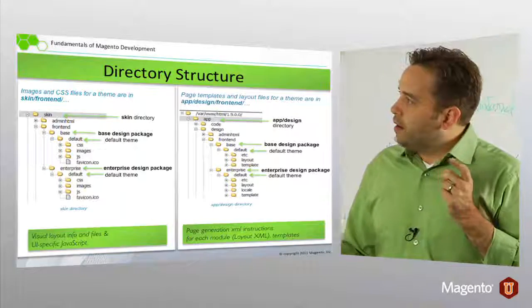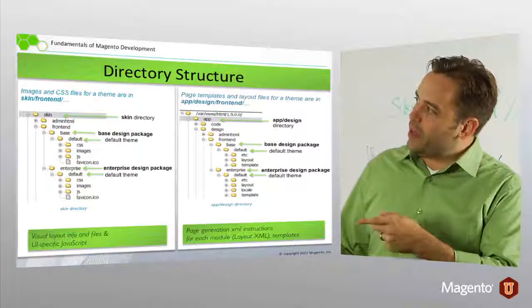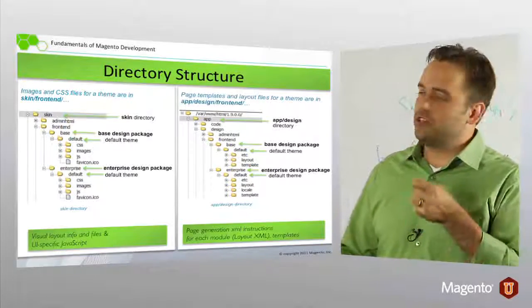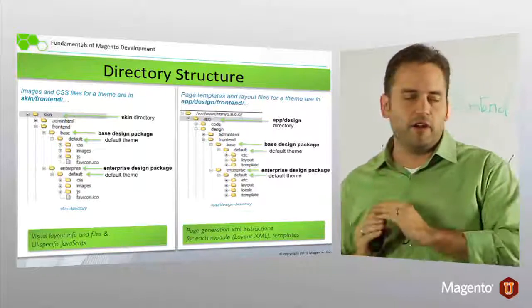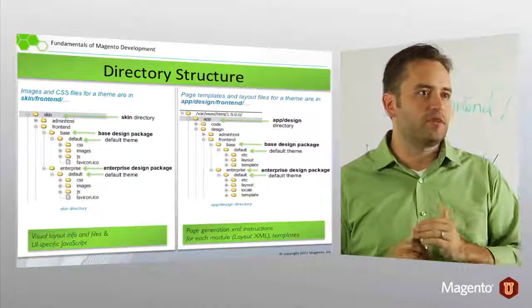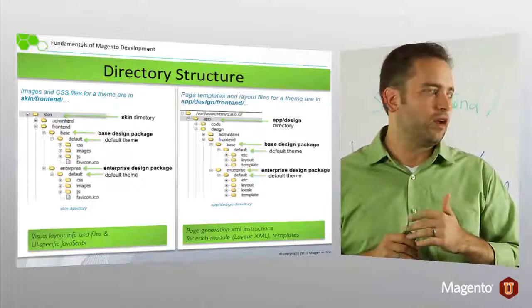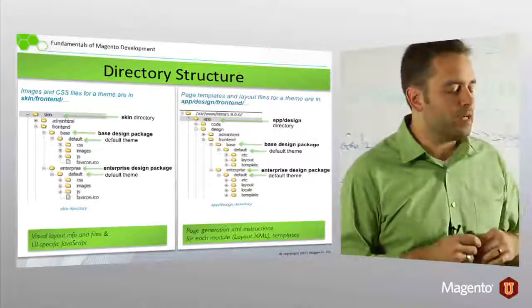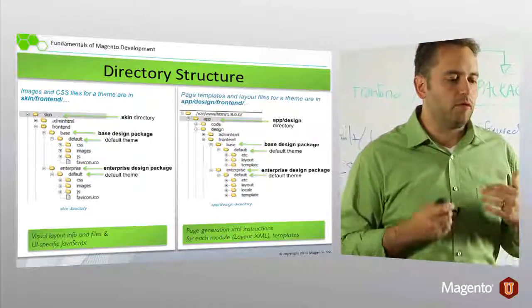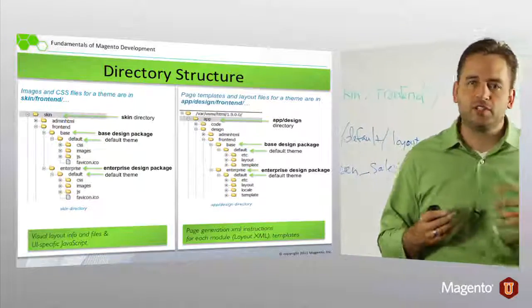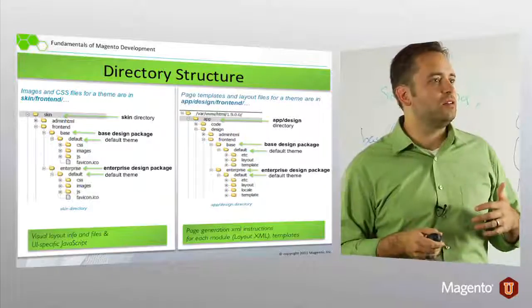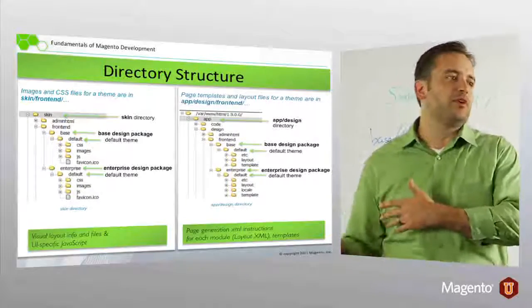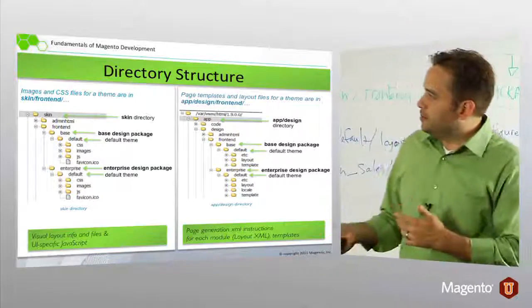So in here we have our base design package and default theme. That's our final fail-safe fallback. And as a reminder, if we have any kind of custom template or layout file for our module, that's where we would put it.